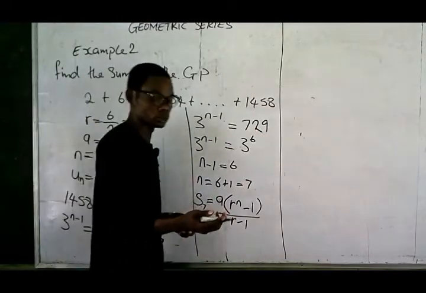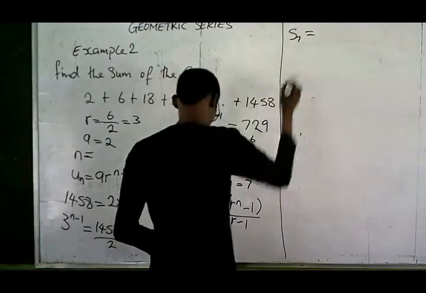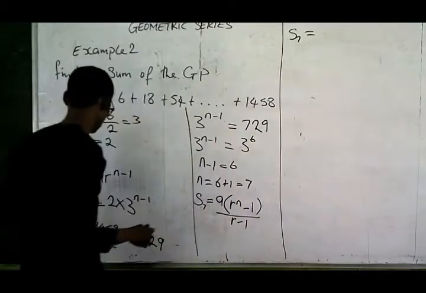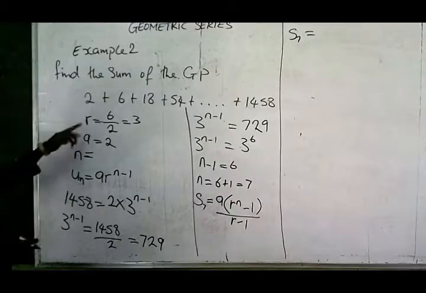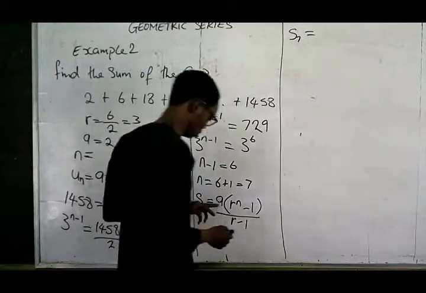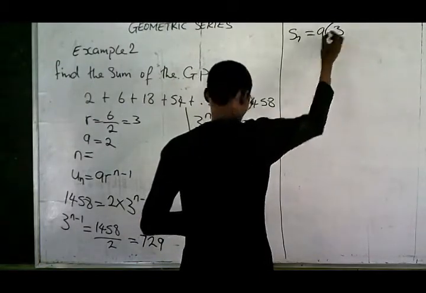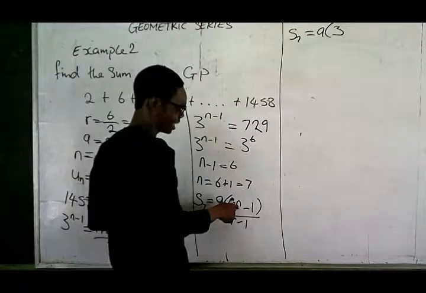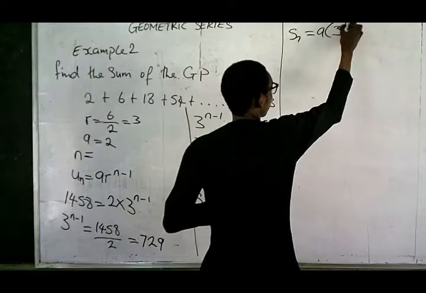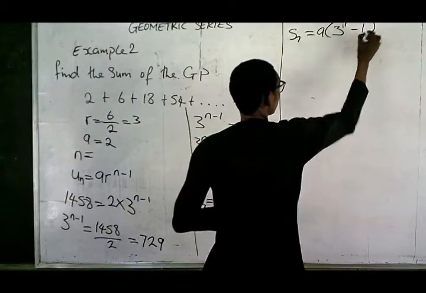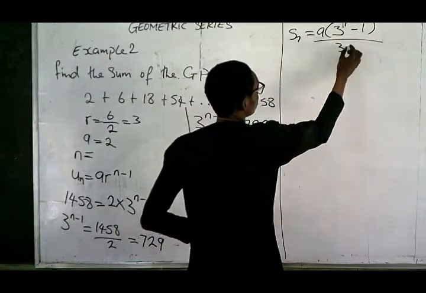So we put all the parameters. S7 is equal to, here a is 2, r is 3, so we put a, which is 2, bracket r, which is 3, raised to power n, n is equal to 7, 3 raised to power 7, minus 1, all over r, which is 3, minus 1.